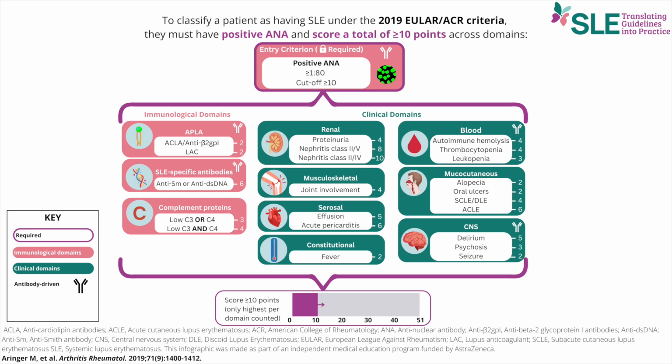But there are other organ manifestations where it's just direct antibody effects, like the hematological findings. Autoimmune hemolysis is antibody-driven, so is leukopenia, thrombocytopenia, and as we understand it, at least in part, psychosis and delirium.